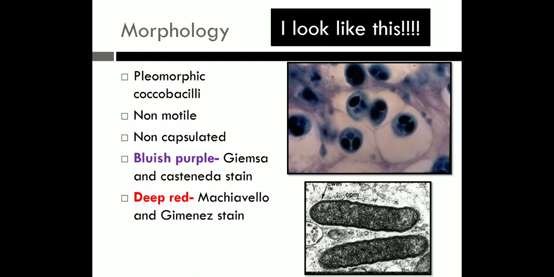Morphologically, all the rickettsial organisms appear pleomorphic and gram negative. So we generally term them pleomorphic gram negative coccobacilli. They are both non-motile and non-capsulated and stain bluish purple with Giemsa and Castaneda stains and deep red with Machiavello and Jimenez stains.